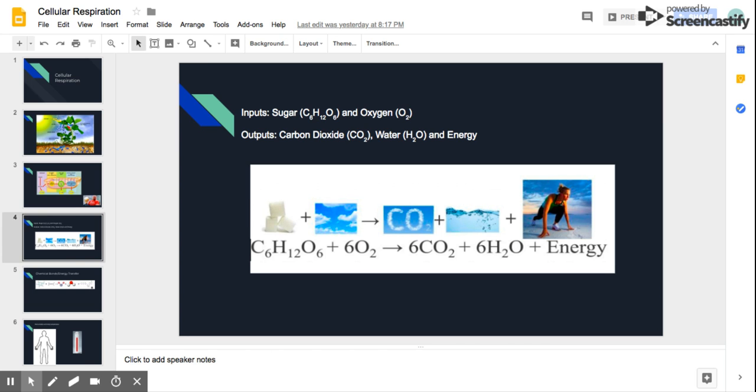The outputs of this cycle are carbon dioxide, or CO2, water, or H2O, and energy, which is the ability to do work. Carbon dioxide is given off as a gas to the external environment. The water is utilized in the system or given off to the environment as waste.